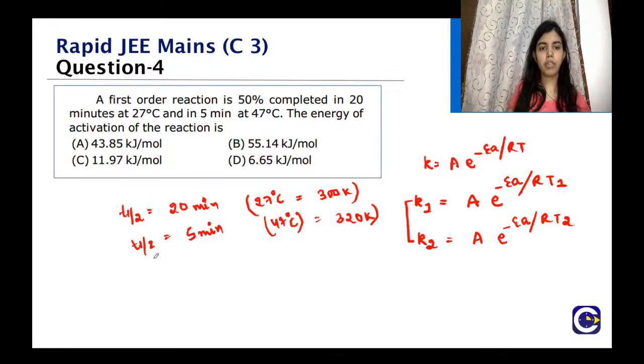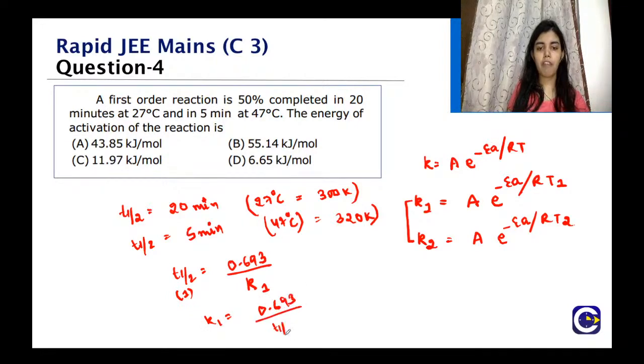We already know that for a first order reaction, T half is equal to 0.693 divided by K. So K1 will be equal to 0.693 divided by the half-life at the temperature 300 Kelvin, right?